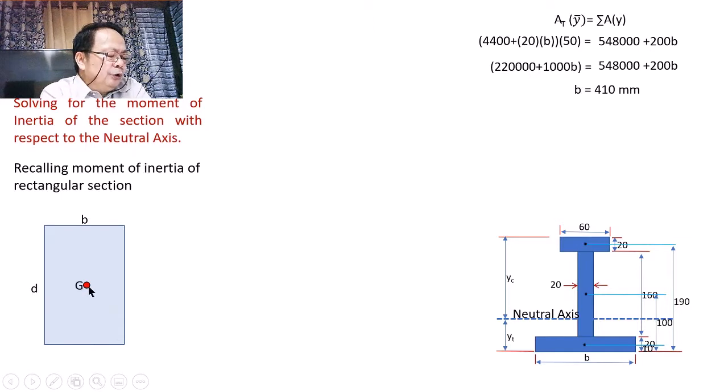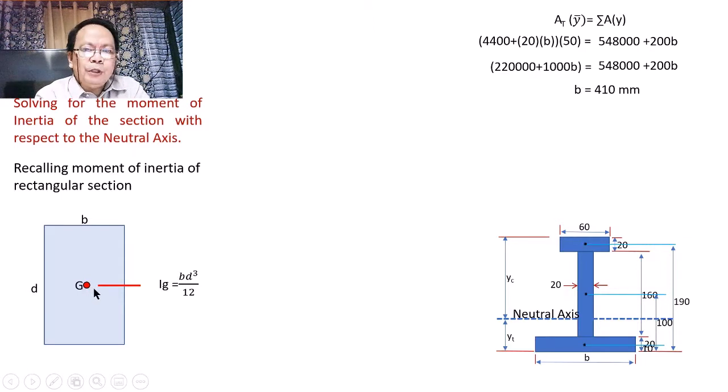So, kung ito yung kanyang centroid, di ba? Meron siya ngayon ditong tinatawag na centroidal moments of inertia. At alam naman natin na yung kanyang value ay equal to b times d cube over 12. Yun yung kanyang centroidal moments of inertia, or the moments of inertia of the rectangular section about an axis passing through the centroid.